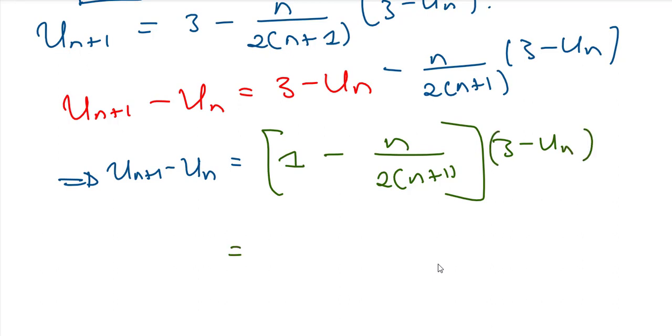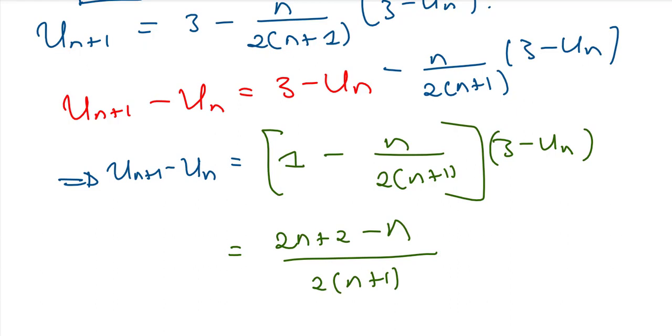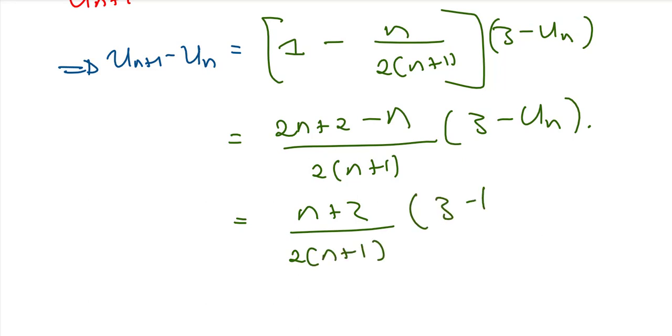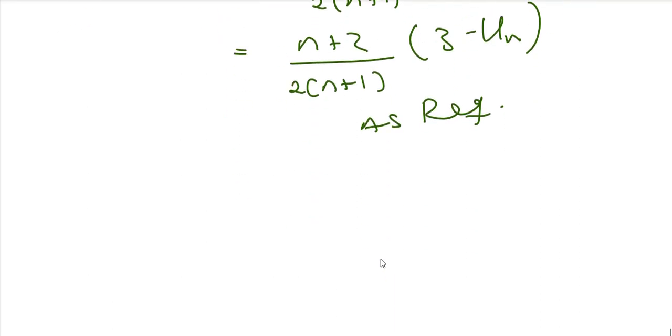So if we simplify this, we take the LCM, here we have (2n plus 2 minus n) divided by 2(n plus 1), multiplied by 3 minus u_n. Now if you simplify that, we have 2n minus n is n, plus 2, divided by 2(n plus 1) times 3 minus u_n as required. So that's u_{n+1} minus u_n.